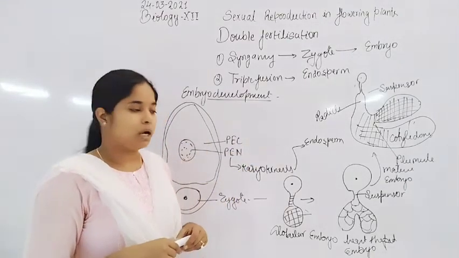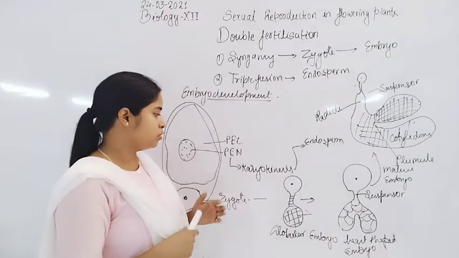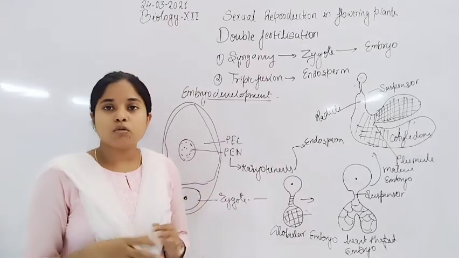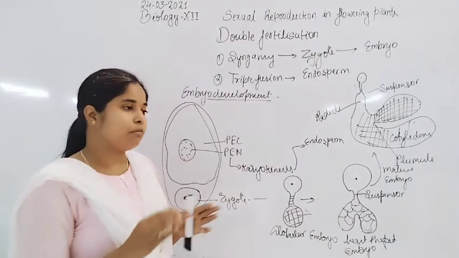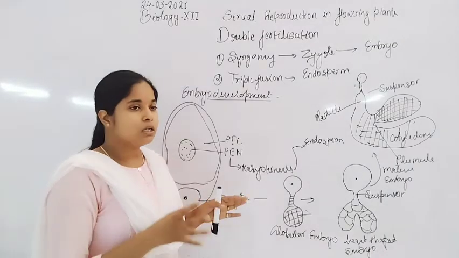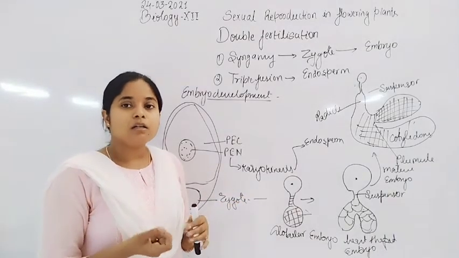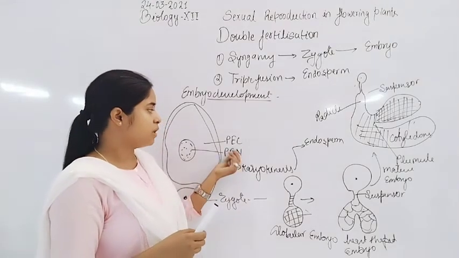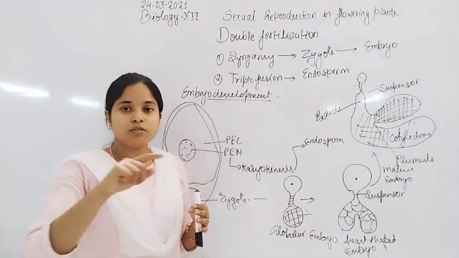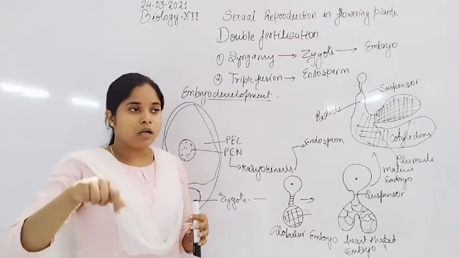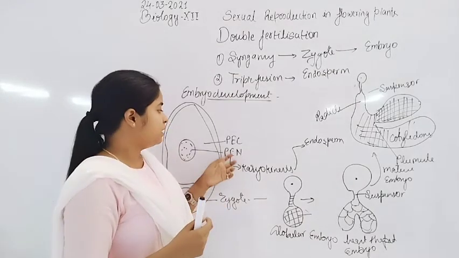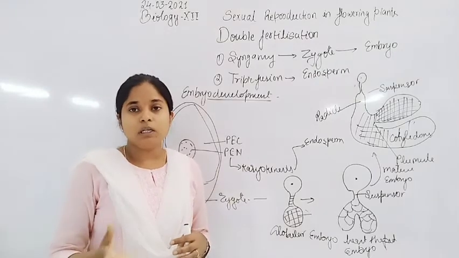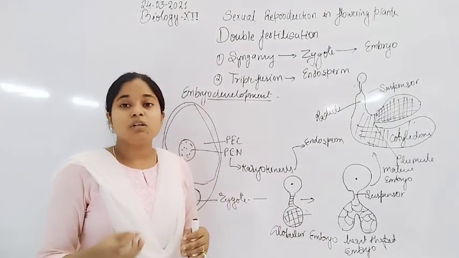In some of the plants, there will be only free nuclear formation. As we see in the coconut, inside the coconut there is coconut water and the white kernel. The white kernel is formed by the endosperm cells, which become aggregated around the margin or periphery, and the watery part is the free nuclear endosperm.